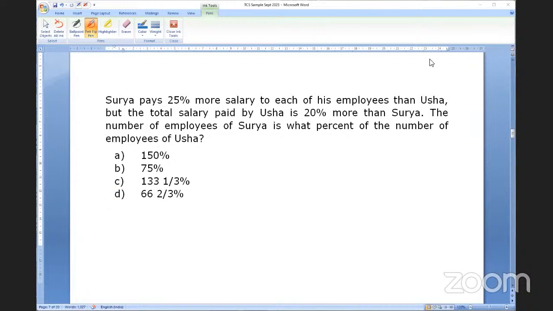Next one on your screen, classical take from percentages, change in percentages. Obviously, one question you will have from this topic. You know the drill, give it a try.